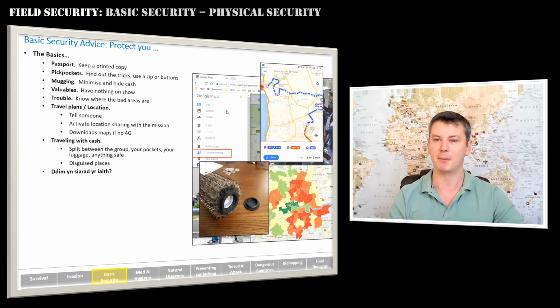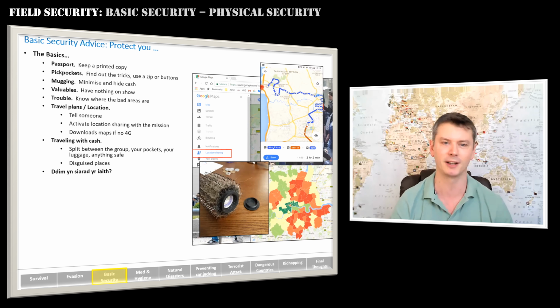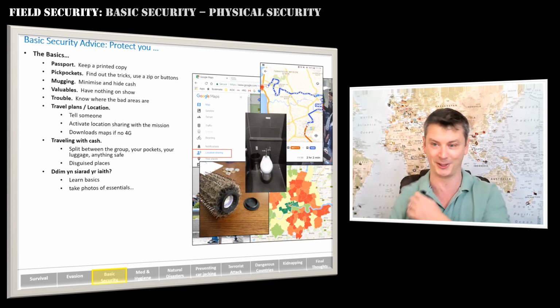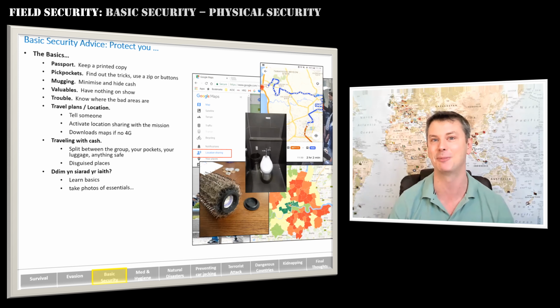Another top tip about protecting yourself or just looking after yourself in a country if you don't speak the language. I'm Welsh, and speak a little bit of Welsh, but there's a lot of languages I don't speak. One of which was Hungarian, where I picked up this tip, while I was in Hungary, where I didn't really understand the language. So I gave myself this tip of just taking photographs of stuff that I need to perhaps use during the day while I'm away from people who perhaps know how to speak the language.